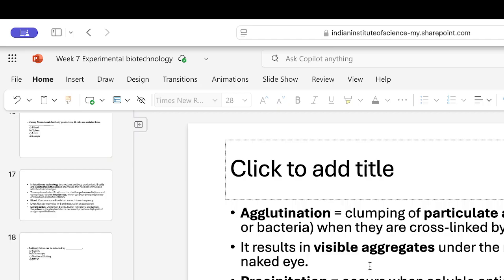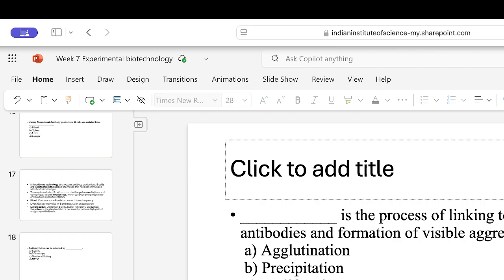These can still be soluble, but still be visible. The reason that they are visible is because they are large and they are all focused and localized. Agglutination is specific in immunology, where antigens can be bound to antibodies.